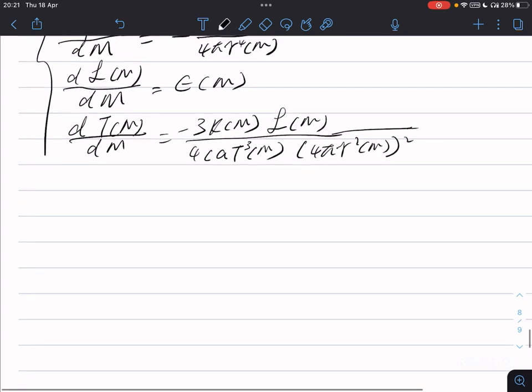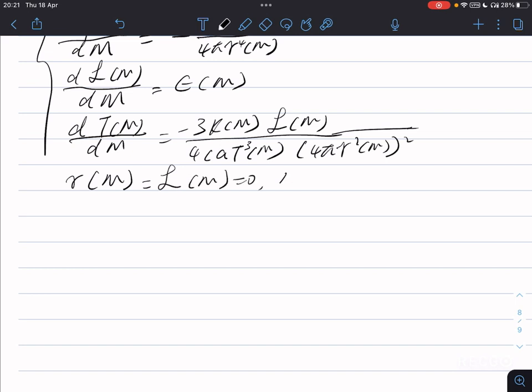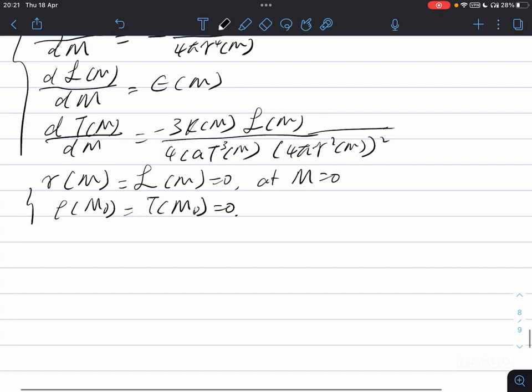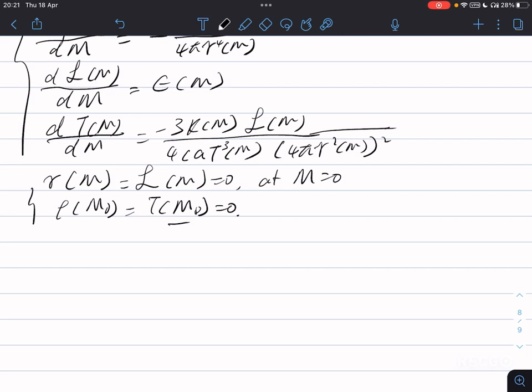And the new boundary conditions are r(m) equals L(m) equals 0 at m equals 0, and ρ(M₀) equals T(M₀) equals 0. This M₀ is the total mass.